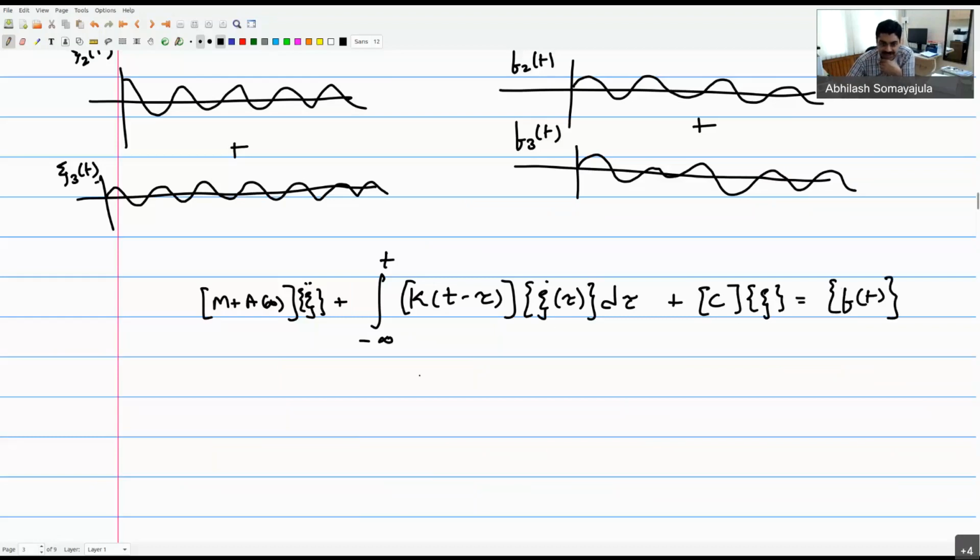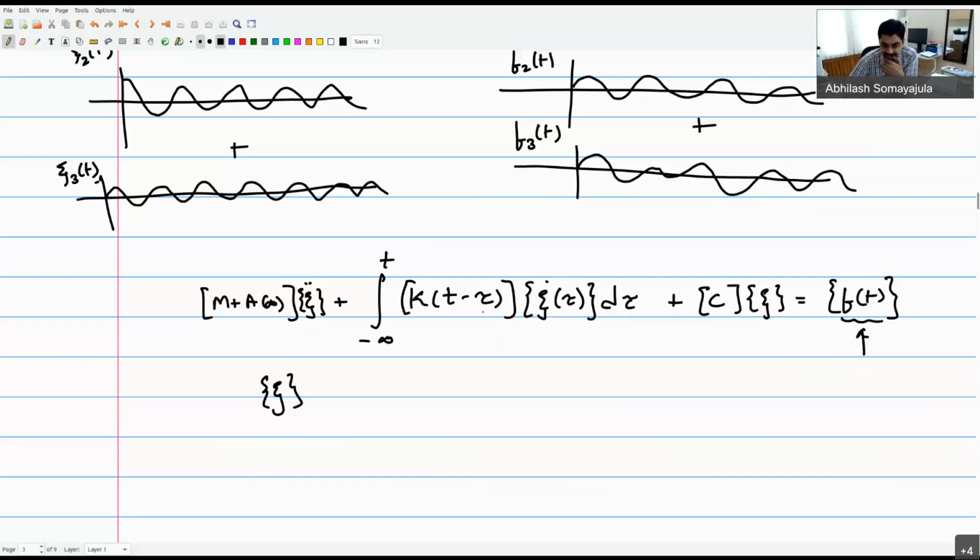So notice now what is happening. There is no dependence on frequency on the left hand side. So I can find my force as a time history, directly plug it in, and use a solver like ODE45 in MATLAB to solve this differential equation directly to get what my zeta looks like.